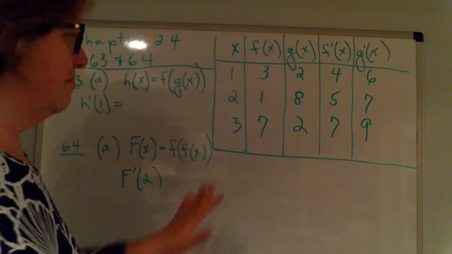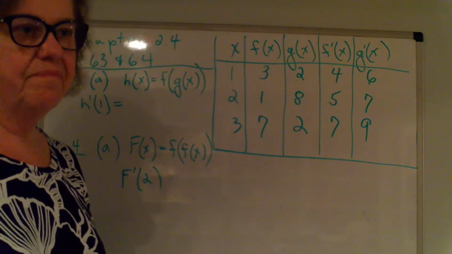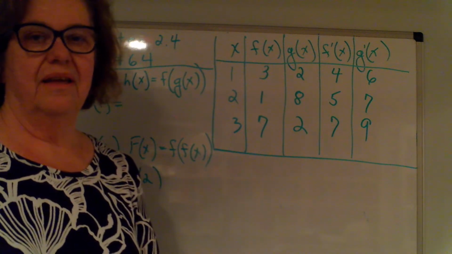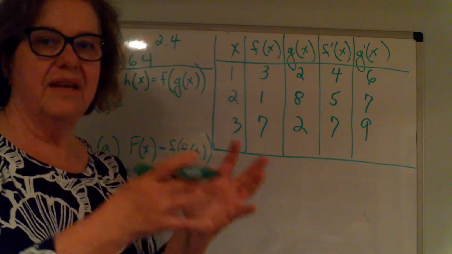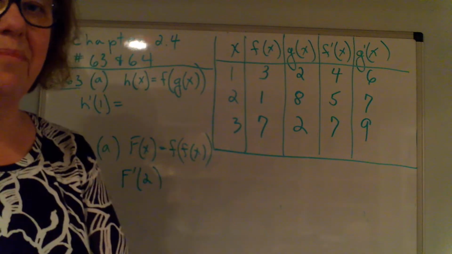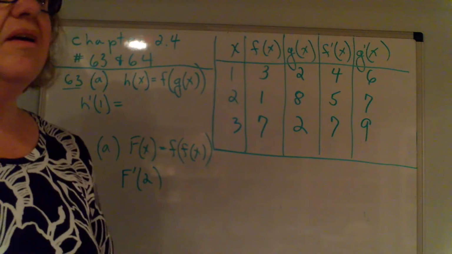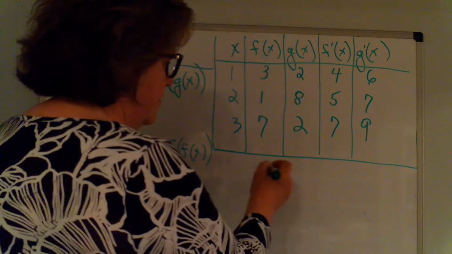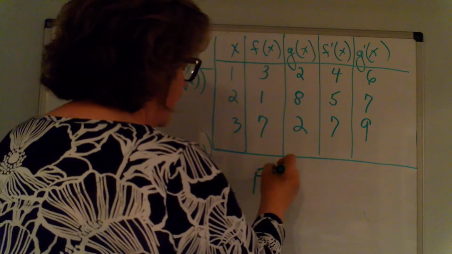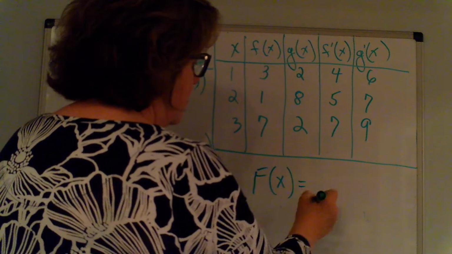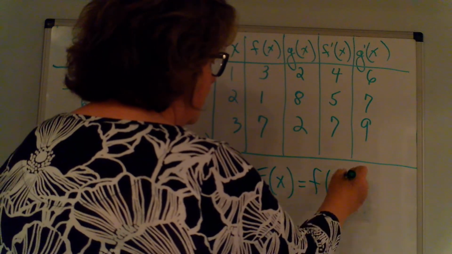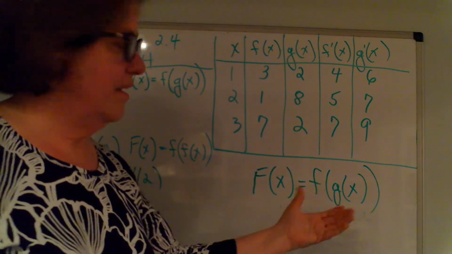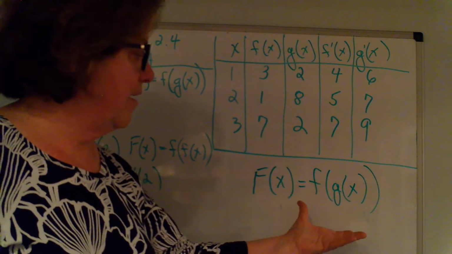Let's mention that in the chain rule, you have an inside function and an outside function. You get the derivative of the outside function, and then you multiply that by the derivative of the inside function. One way to write that in symbolic form is to say, given a function, big F of x equals f of g of x, there's an inside function, that's the g, and an outside function, that's the little f.